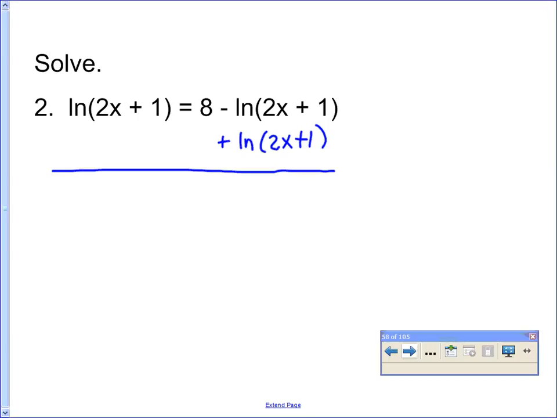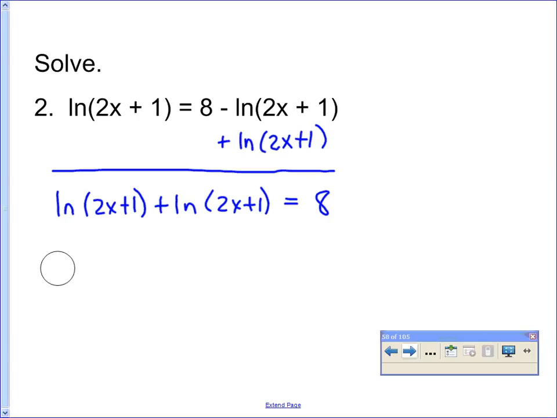Okay, and when I do that, I end up with the sum of two natural logs, so I can write it as a single logarithm and multiply, which is going to give me 2x plus 1 quantity squared is equal to 8.